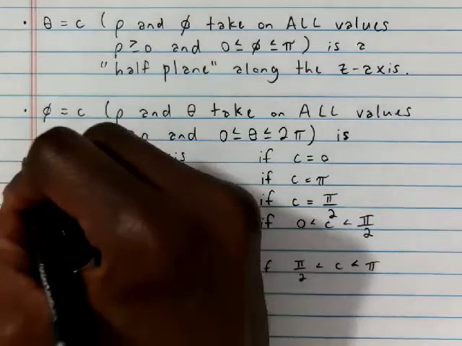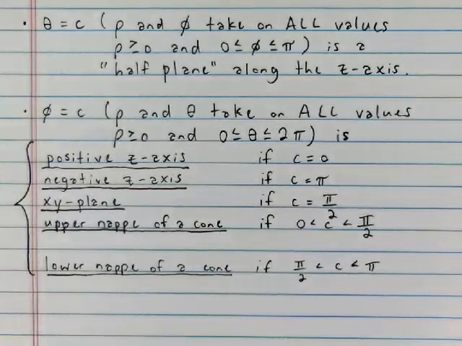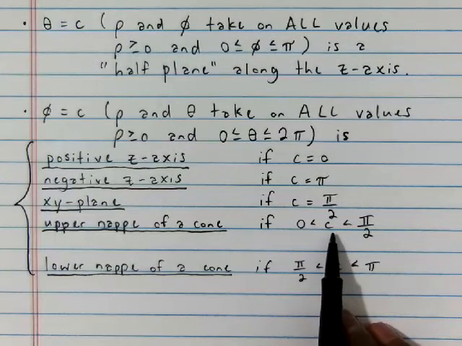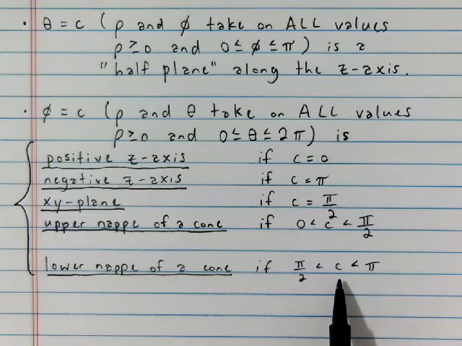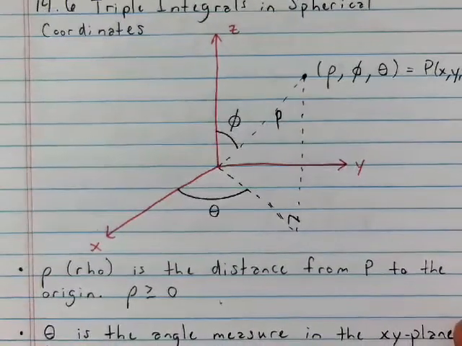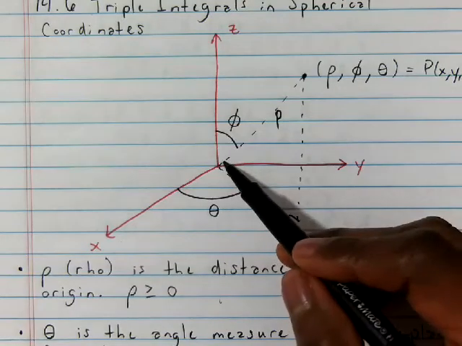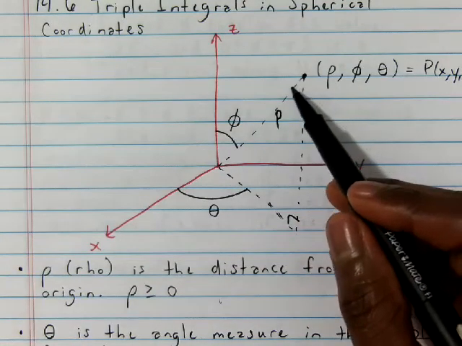So let's look at those last two. c is something between 0 and pi over 2, and then c is something between pi over 2 and pi. Our picture right now is phi at some c between 0 and pi over 2.